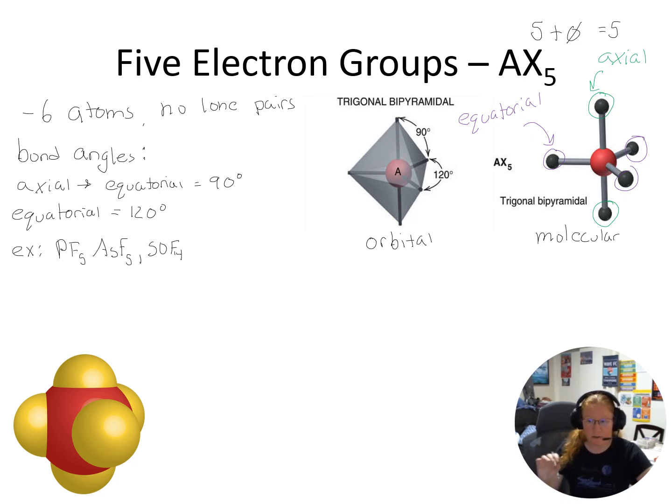In period 2, we have an n value of 2, which means we only have l values of 0 and 1. We only have s and p orbitals. But sulfur's in period 3, where we have an n value of 3. So we have l values of 0, 1, and 2, which means at an l value of 2, we have d orbitals. So our d orbitals do show up. They're unoccupied, they're empty, but they're there, which means we can use them.